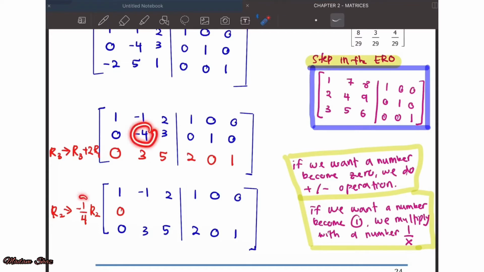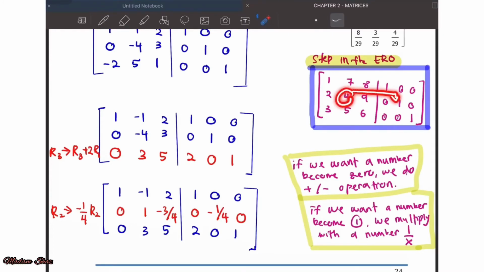Negative 4 multiply negative 1 over 4 will become 1. 3 multiply negative 1 over 4 is negative 3 over 4. 0 multiply negative 1 over 4 will become 0. 1 multiply negative 1 over 4 will become negative 1 over 4. 0 multiply negative 1 over 4 will become 0. Okay, so now we have finished step 4.